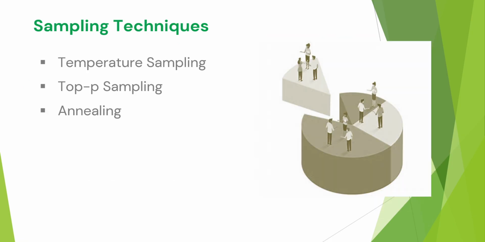Next come the sampling techniques. Well, first of all, there's temperature sampling, which controls the randomness of the sampling process. A higher temperature leads to more random sampling, while a lower temperature leads to more deterministic sampling. Next comes top-P sampling, which is a technique that samples from the top P percentage most likely words, where P is a hyperparameter.